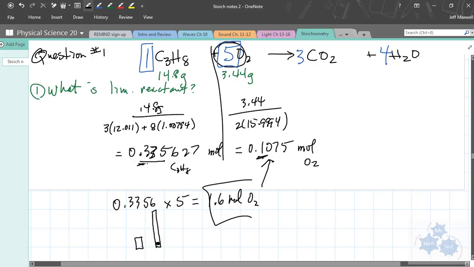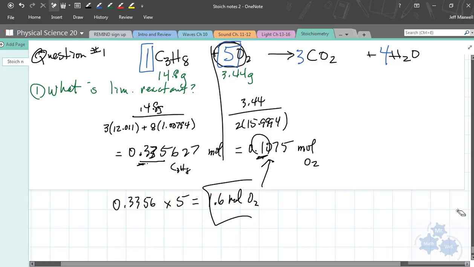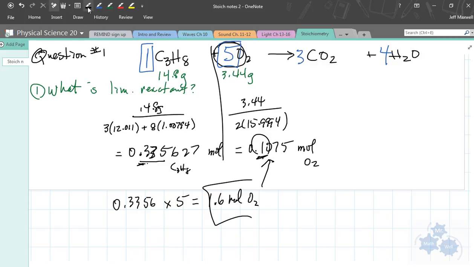So what's actually going to get used is just this much that I've highlighted in black. That's it. And so certainly this is going to run out first because I have a very little amount. So yeah, the barbecue is only going to be on for a couple seconds.